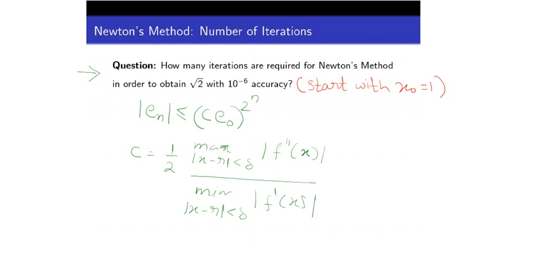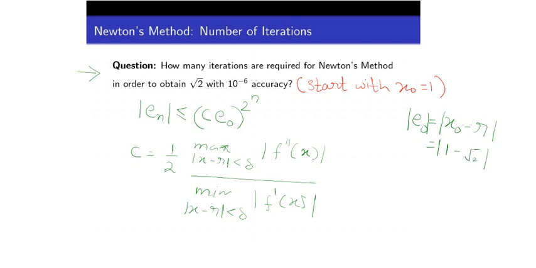Okay, so now what is r here? r is root 2. What will be delta? Delta certainly depends on E naught. So what is E naught? E naught is equal to mod of x naught minus r, that is mod of 1 minus root 2.